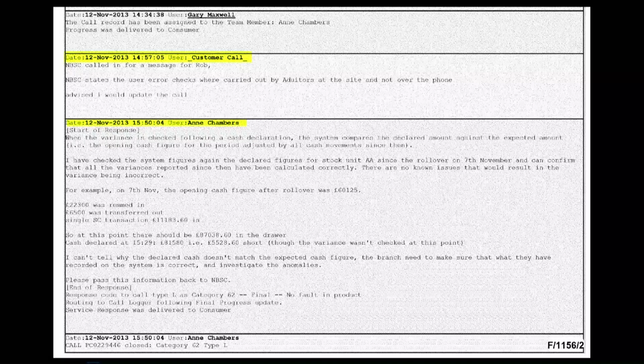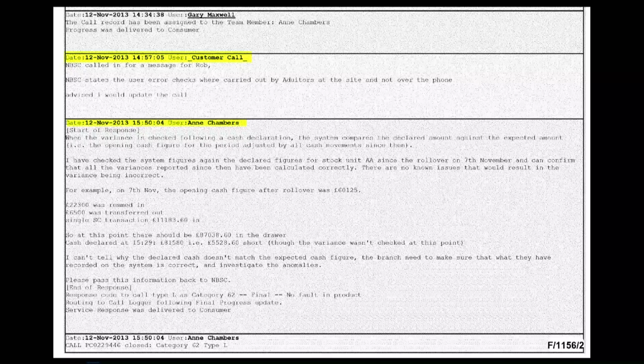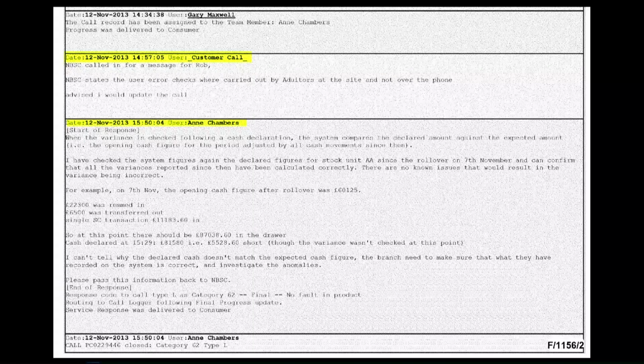Cash declaration at 15:29 hours is £81,580, i.e. £5,528.60 short, though the variance wasn't checked at this point. I can't tell why the declared cash doesn't match the expected figure. The branch need to make sure that what they have recorded on the system is correct and investigate the anomalies. Please pass this back to NBSC.